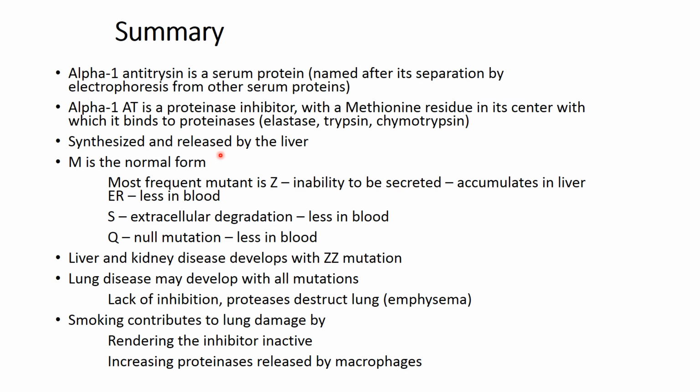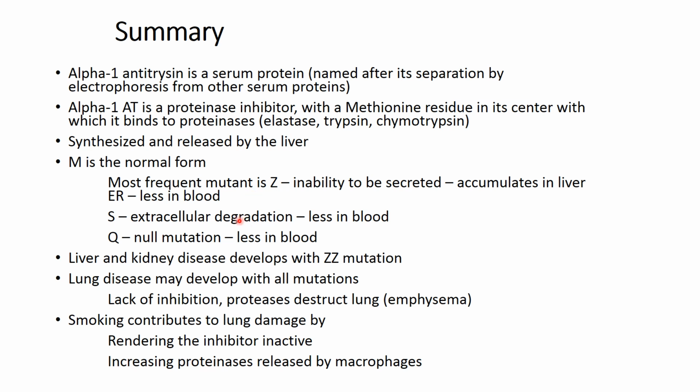This is, like every serum protein except for the immunoglobulins, synthesized and released in the liver. M is the normal form. The most frequent mutant is Z, which causes polymerization of the aberrant protein in the liver, affecting the liver, affecting the kidney, and because less is secreted, affecting the lung.